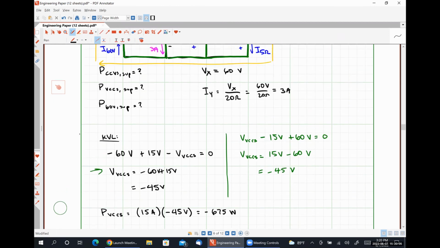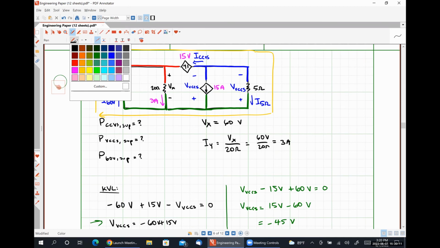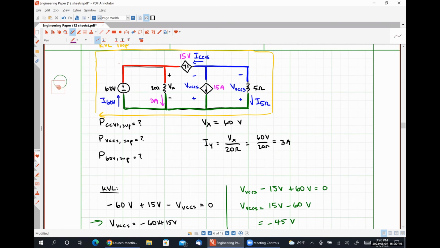All right. So what I'm going to do right now, just to clean a couple of things up, is add some more known information to our diagram. Okay. So we know that this current is 9 amps.